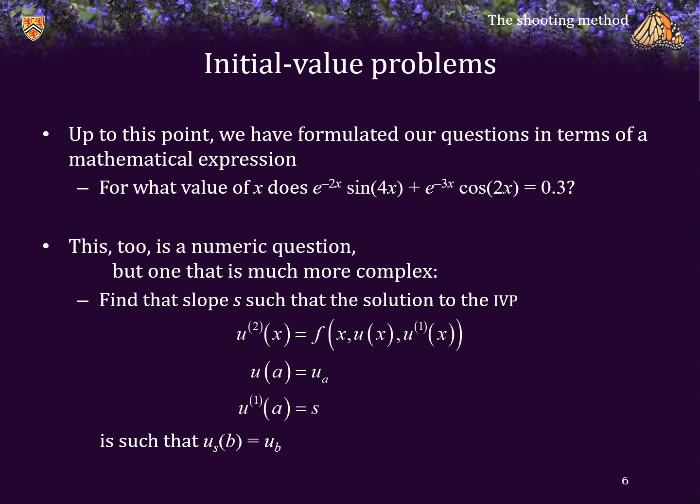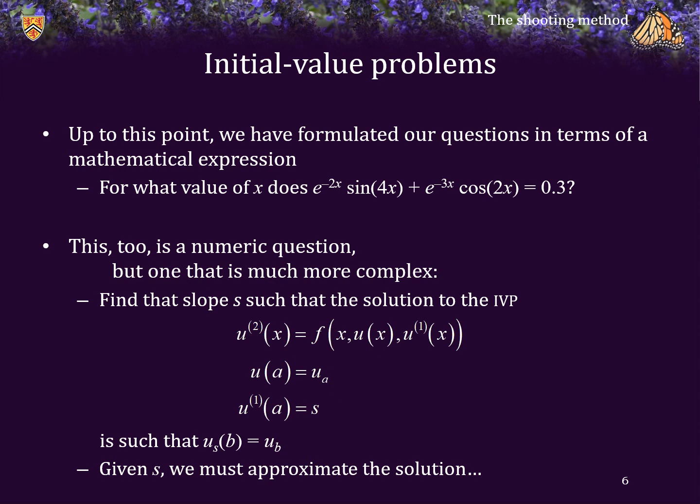Basically, we are saying find that slope s such that if you find the solution to this initial value problem, it also has the condition that when you evaluate this solution at b, it equals u sub b. That is, given an initial slope s, we must approximate the solution to this initial value problem.